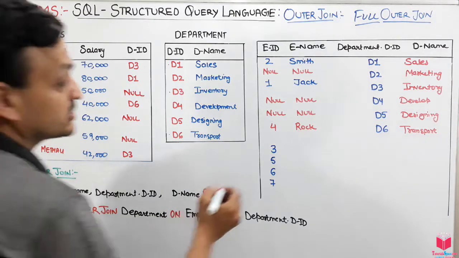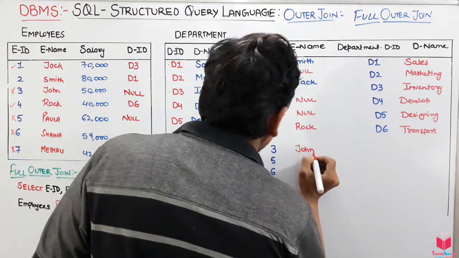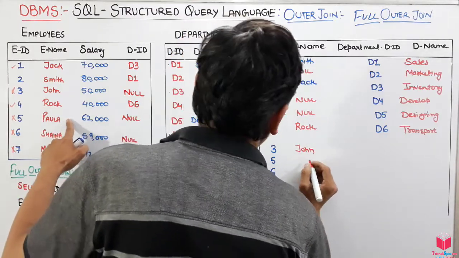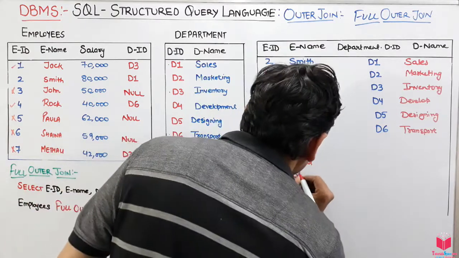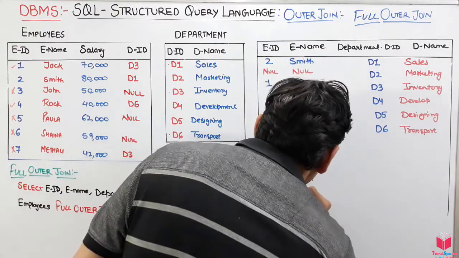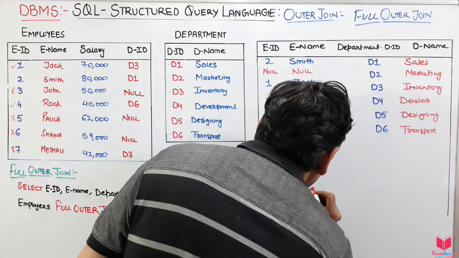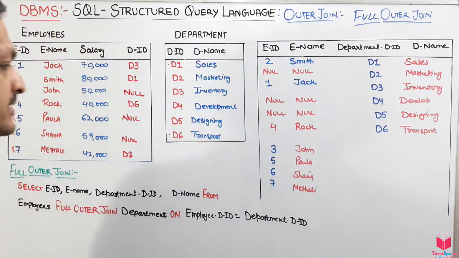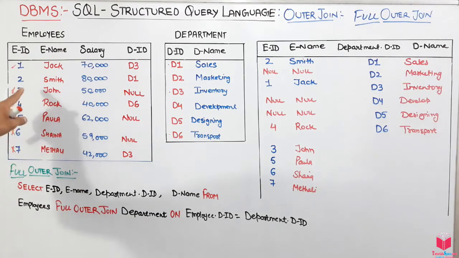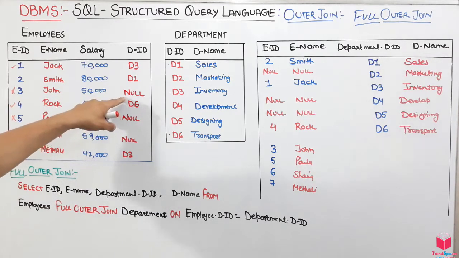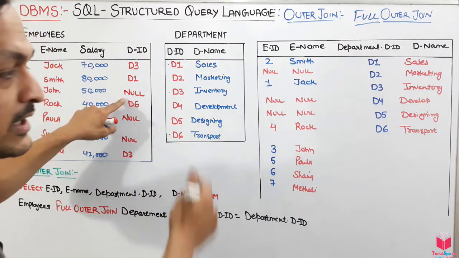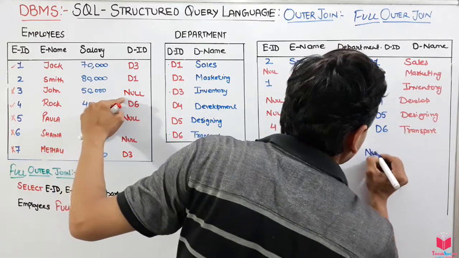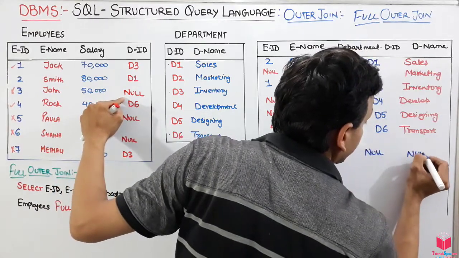That is 3, John. After that, the fifth one is Paula. Then Shaina and Mathili. Let me check what is the DID. For John it's null, that means the department is also null, because there is no corresponding value, so null will come here: null, null.